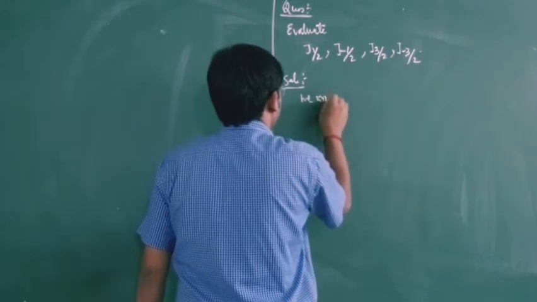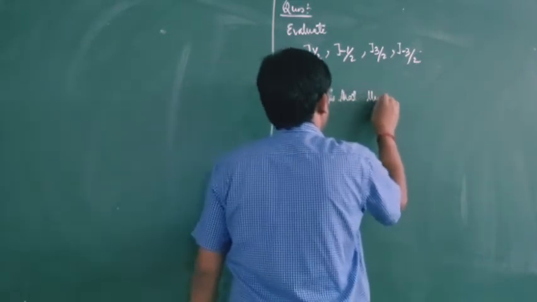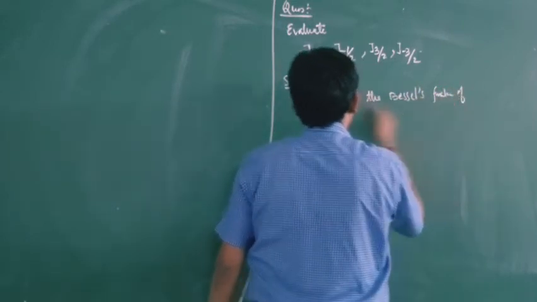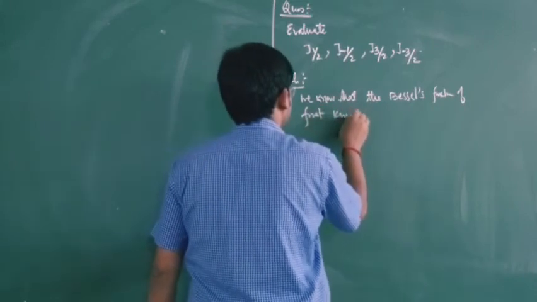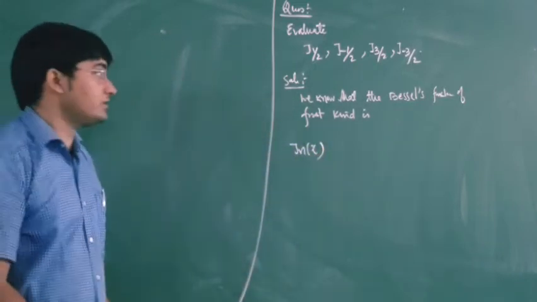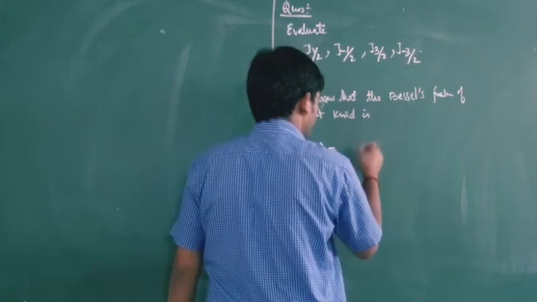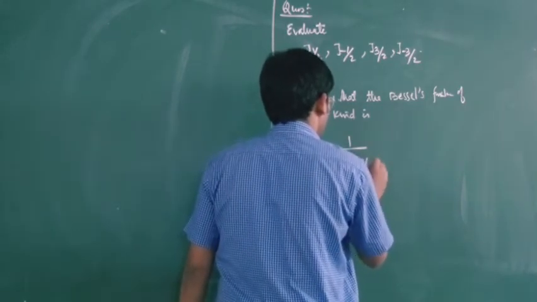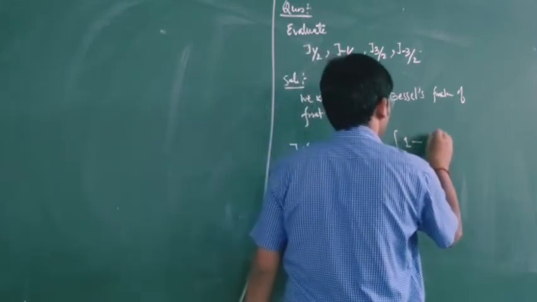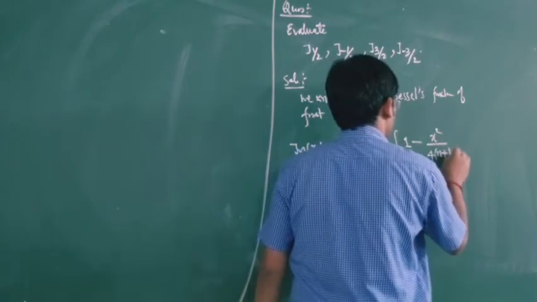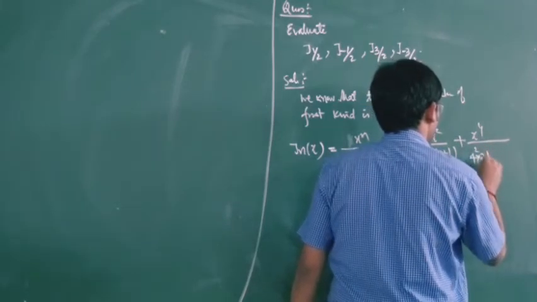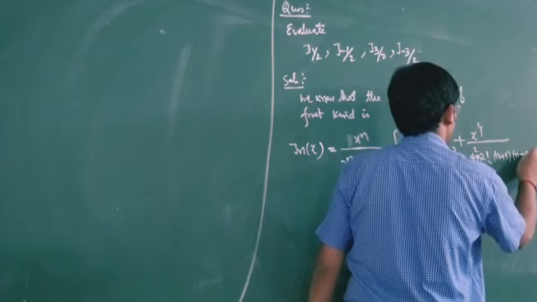Then we know that the Bessel function of the first kind is equal to 1 upon 2 power n gamma n plus 1, then here we have x power n, then in the bracket we have 1 minus x square upon 4 into n plus 1, then the next term will be x power 4 upon factorial 2 into n plus 1 into n plus 2, and so on.